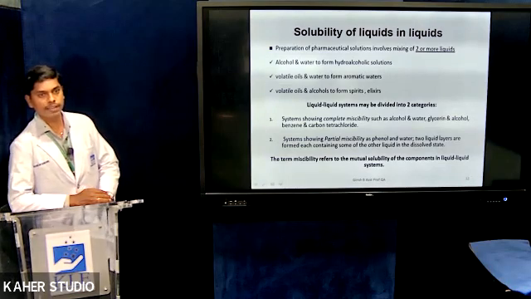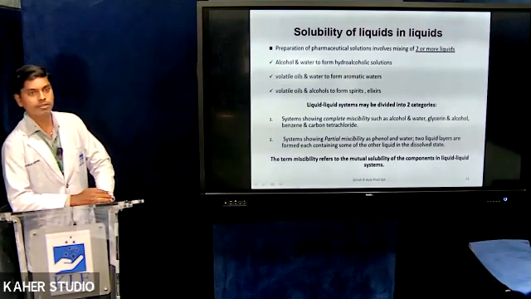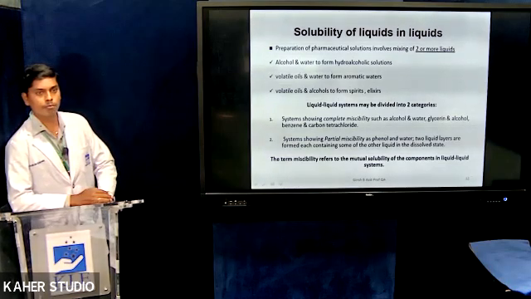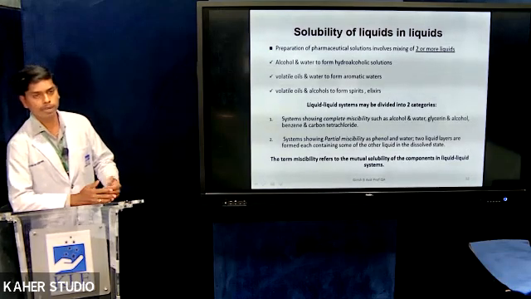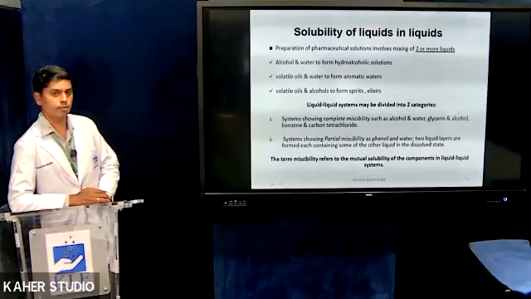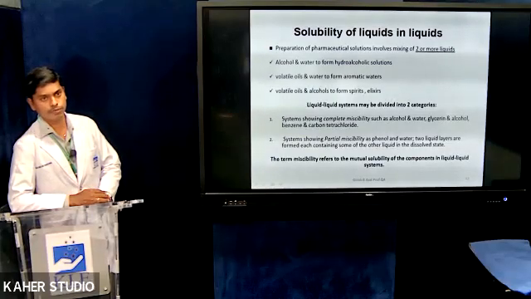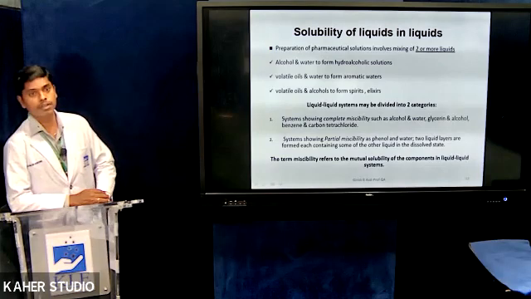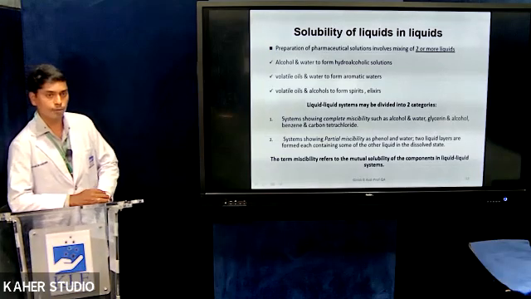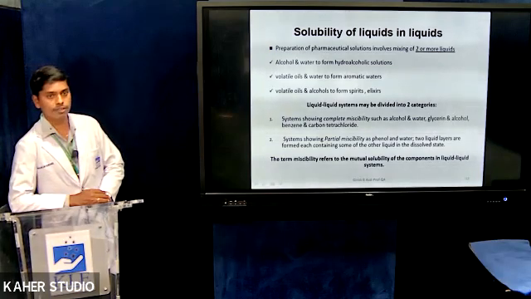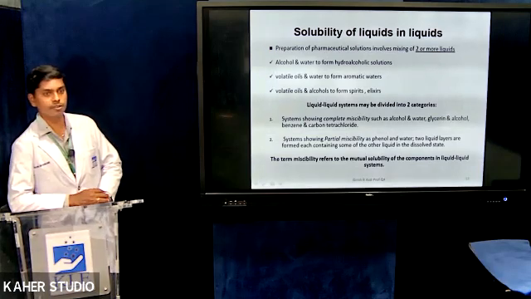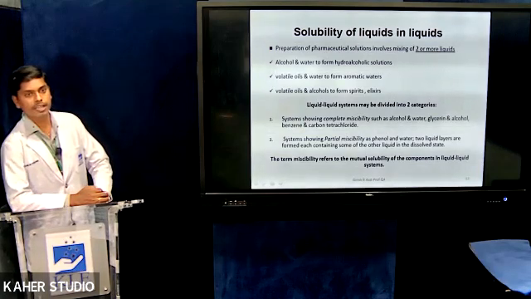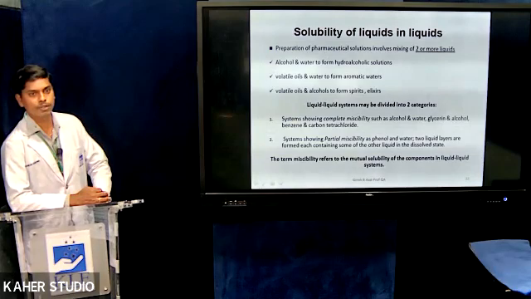The two layers that are formed each contain some of the other liquid dissolved in it. In phenol and water mixtures, which are not miscible with each other, some components dissolve in each other. So the term miscibility refers to the mutual solubility of the components in liquid-liquid systems.